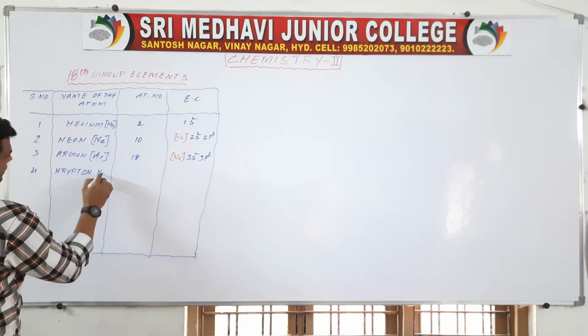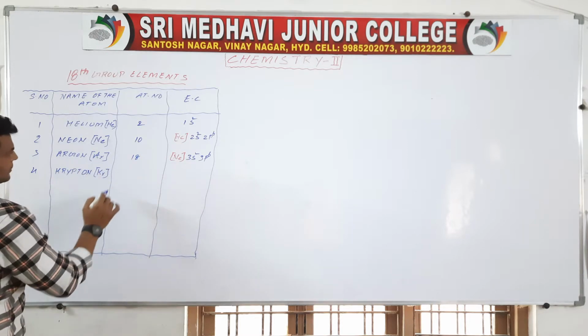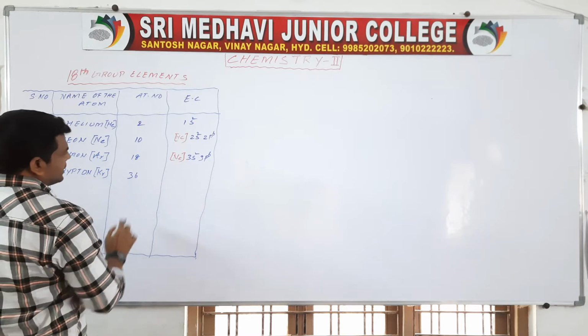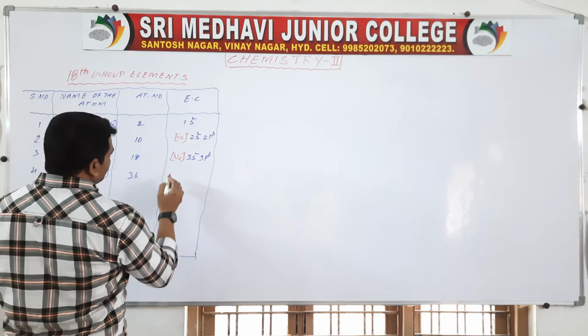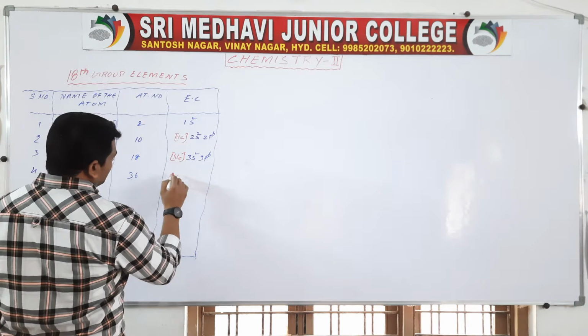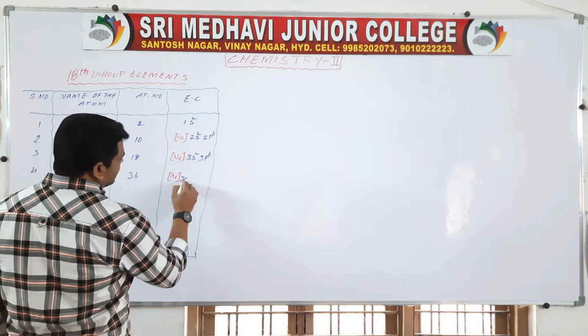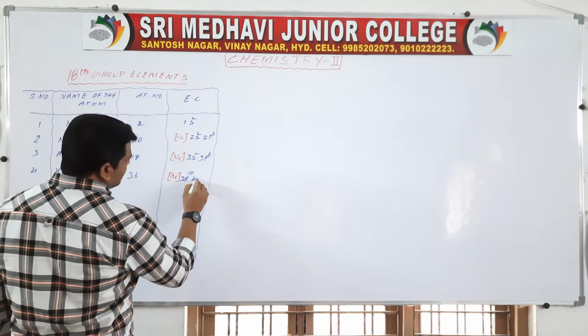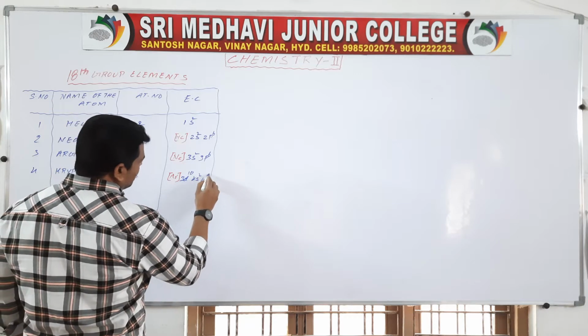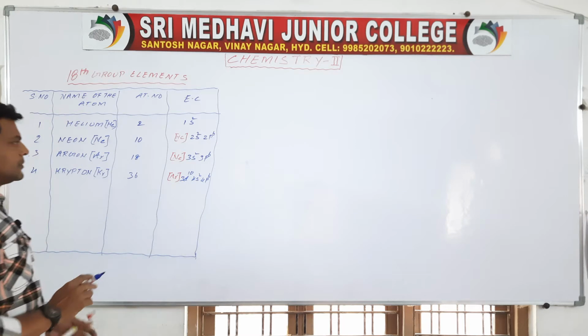Then fourth one is krypton, Kr. Atomic number is 36. Here I am using argon for writing the inert gas electron configuration: 3d10 4s2 4p6.